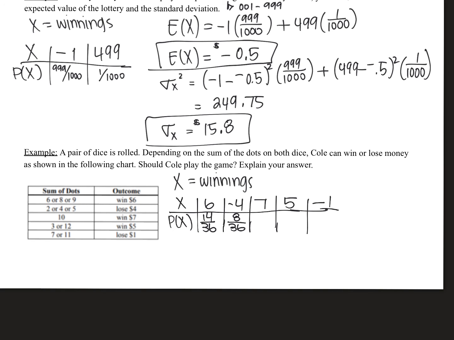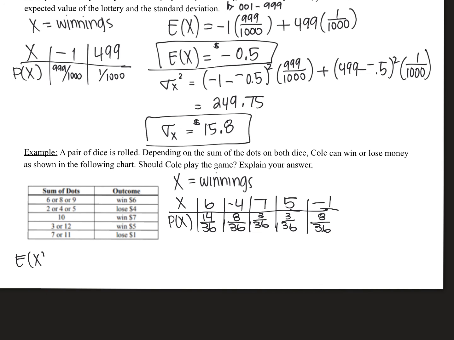A sum of 10 is 3 out of 36. A 3 or a 12 is also 3 out of 36. And a 7 or 11 is 8 out of 36. You can simplify these fractions. It makes it easier for when you're plugging into the calculator, but it's not necessary.